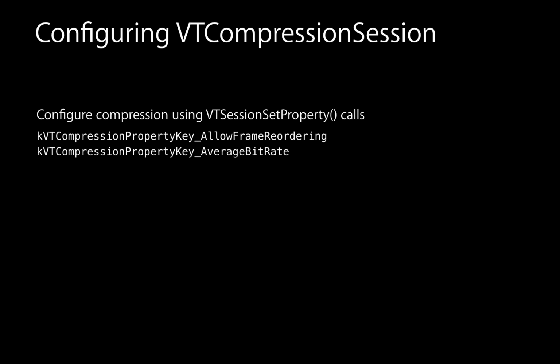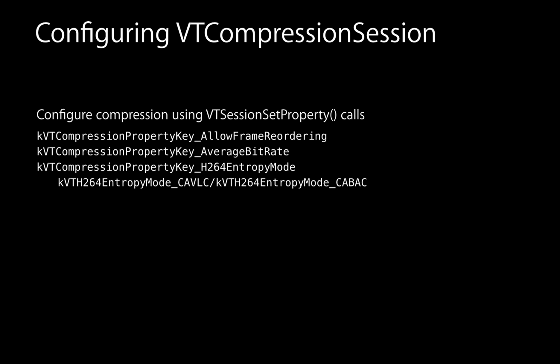The next one, AverageBitRate. This is how you set a target bit rate for the compressor. H.264 EntropyMode. Using this, you can specify CAVLC compression or CABAC compression for your H.264 encoder. All right, and then there's the RealTime property. The RealTime property allows you to tell the encoder that this is a real-time encoding operation, such as in a live streaming case, conferencing case, as opposed to more of a background activity, like a transcode operation.